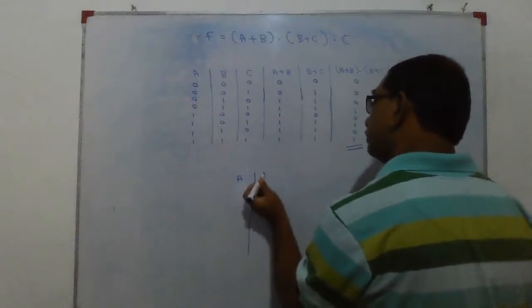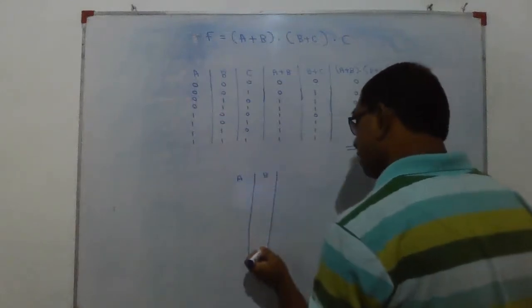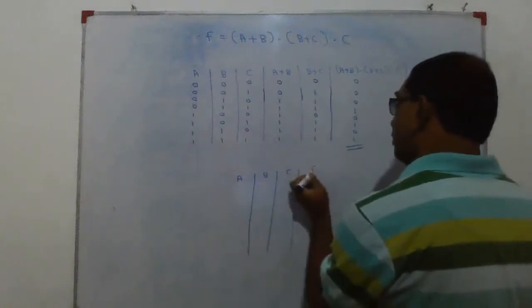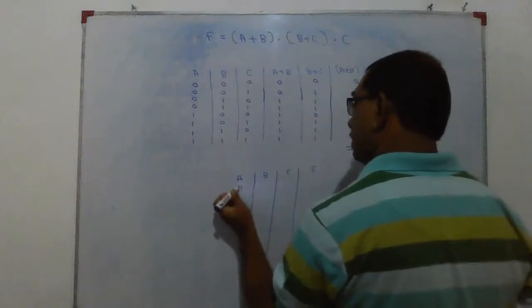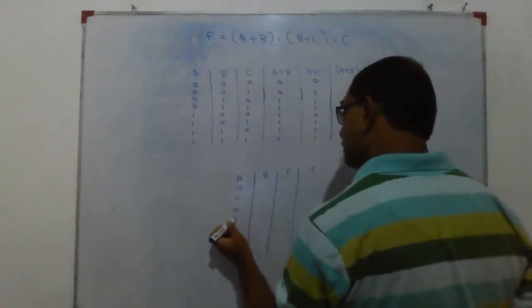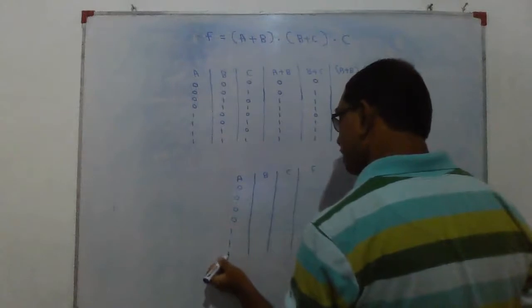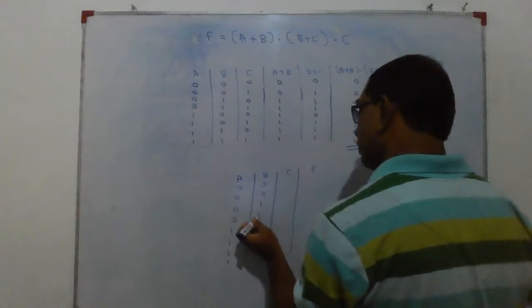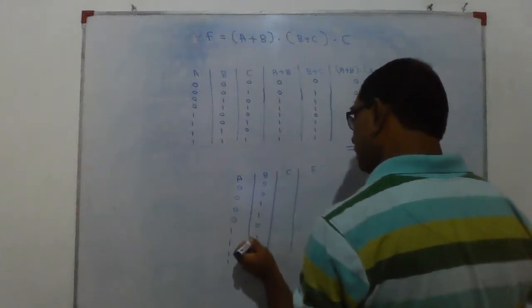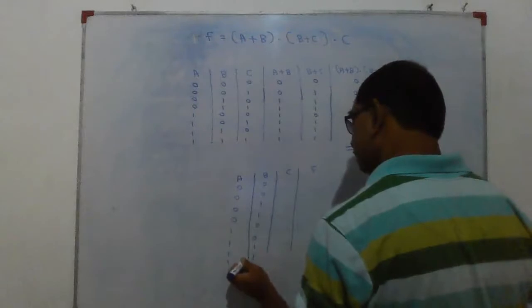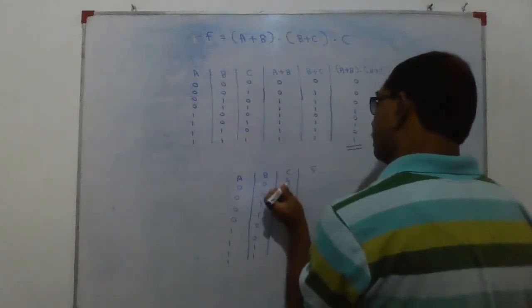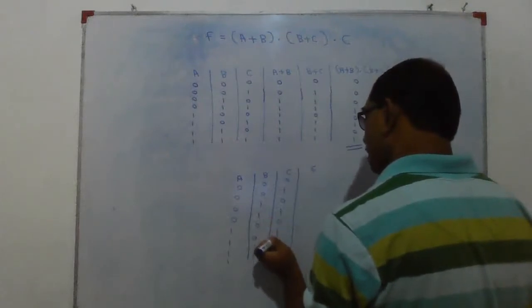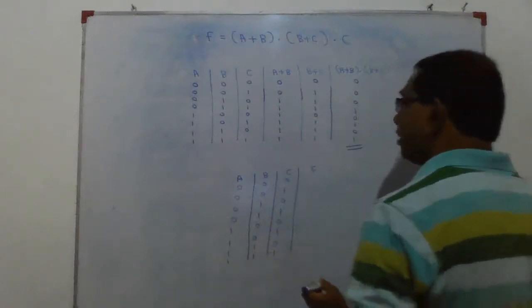A, B, C, and the outcome is F. I will say 0, 4 zeros, 4 ones here, 2 zeros, 2 ones, 2 zeros, 2 ones, 0, 1, 0, 1, 0, 1, 0, 1 here.